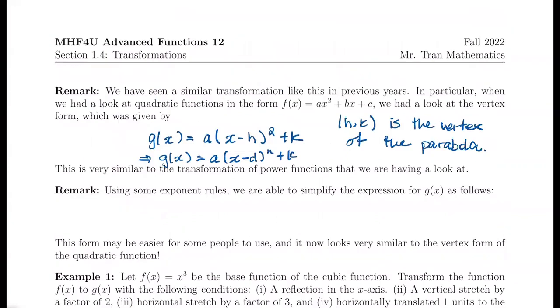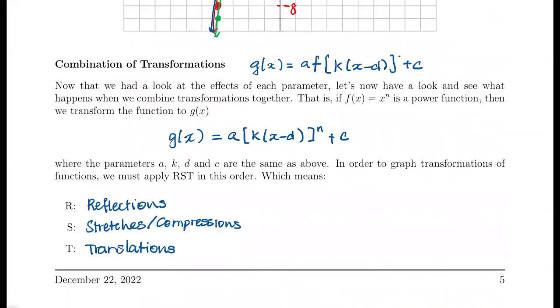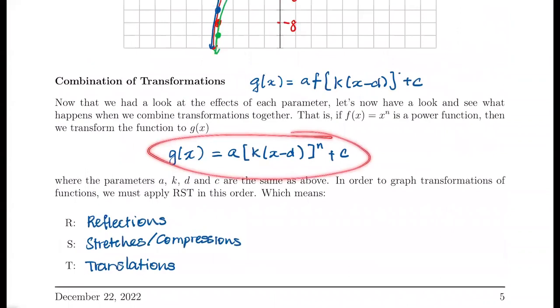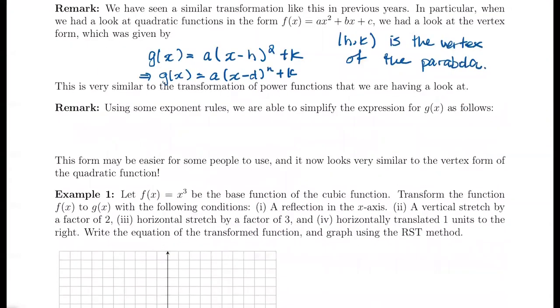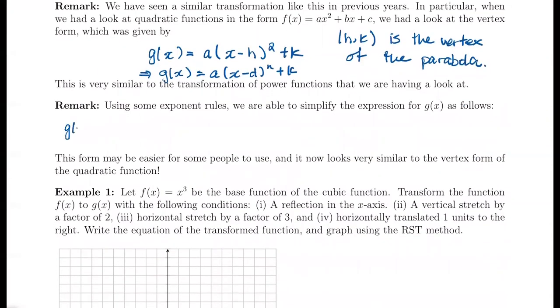Okay, so the second remark that we'll have a look at is basically using some exponent rules. We could simplify this g expression up here to make it a little bit simpler to look at, but that's something optional that you could do. But let's just say we have g of x is equal to a times (k times (x minus d)) to the n plus c.